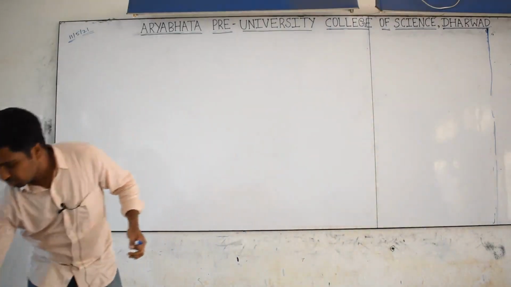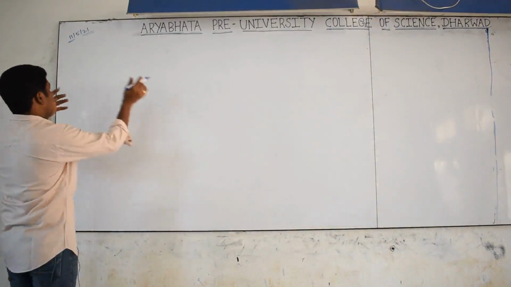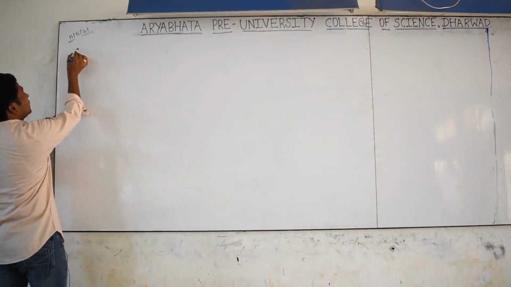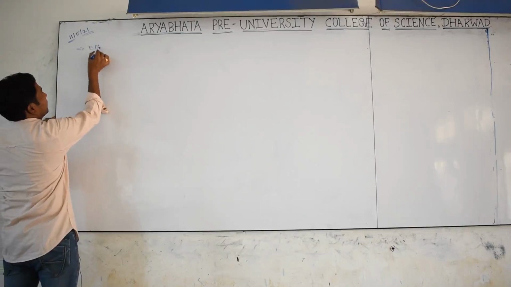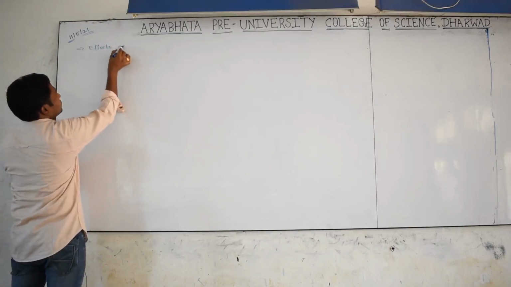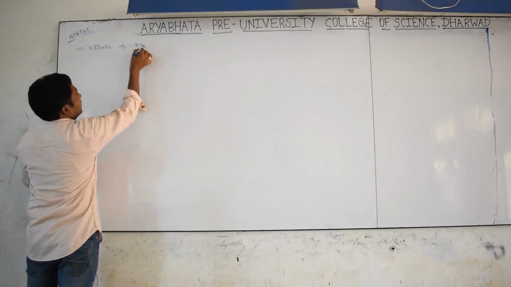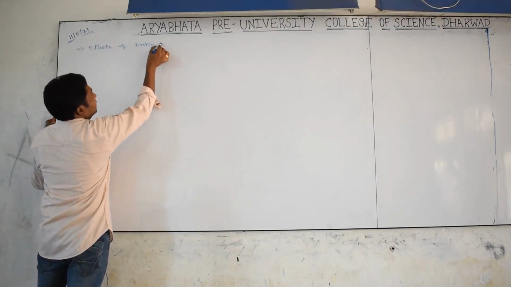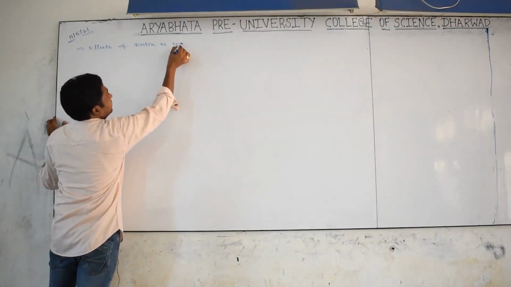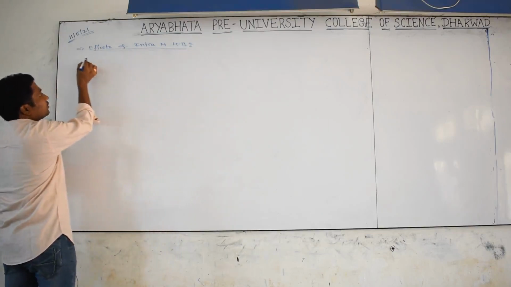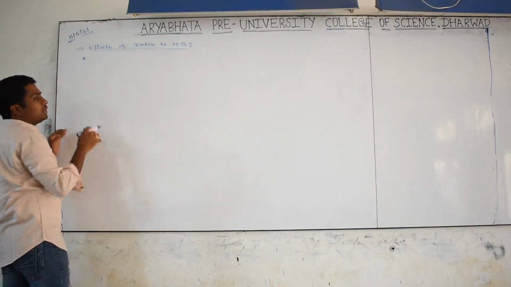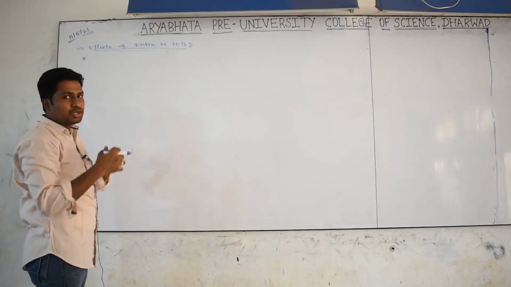We have to discuss the effects of intramolecular hydrogen bonding. Because of intramolecular hydrogen bonding, is there any association of molecules?